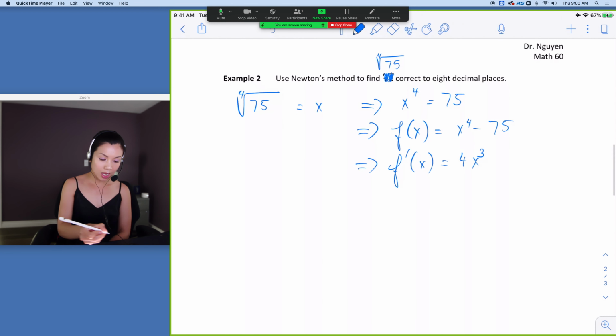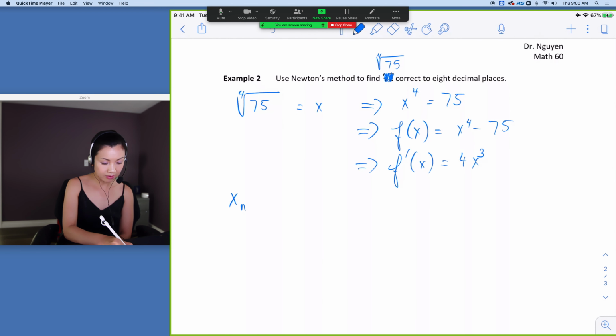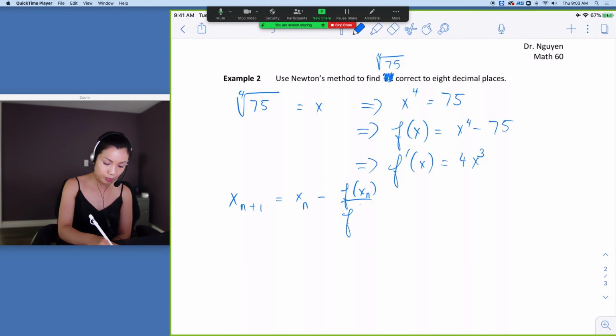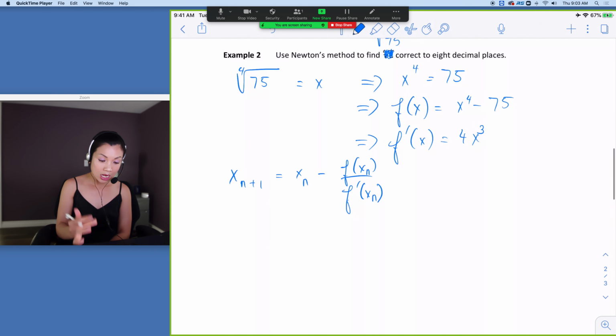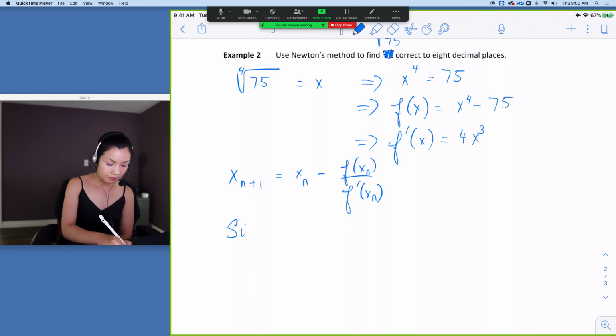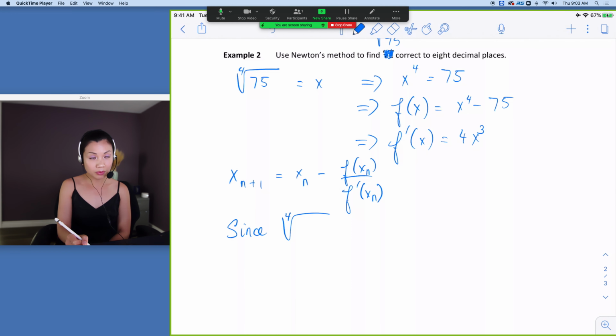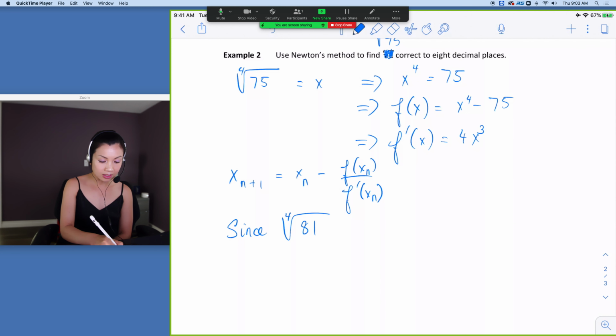Now, using what we have, x(n+1) equals xn minus f of xn over f prime of xn, we have to pick the first term. Think about this: the fourth root that we can think of that gives us a whole number is the fourth root of 81, which is 3.